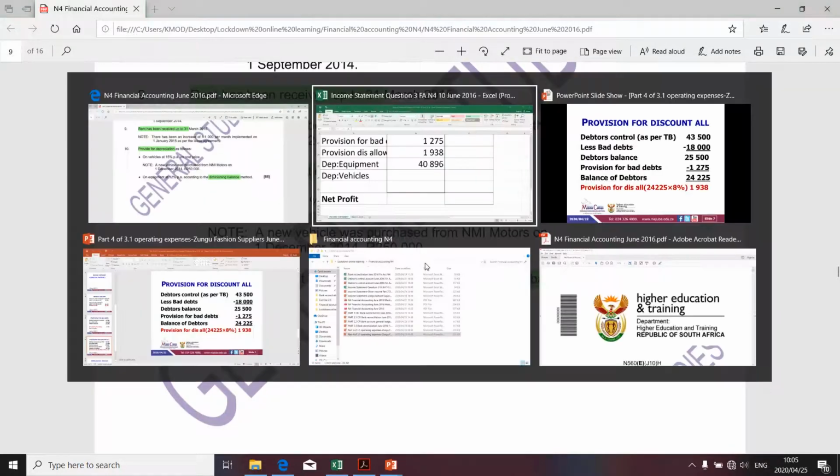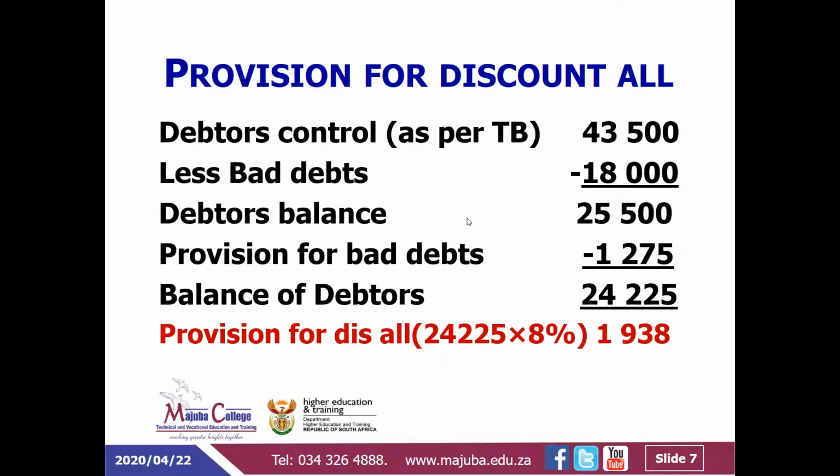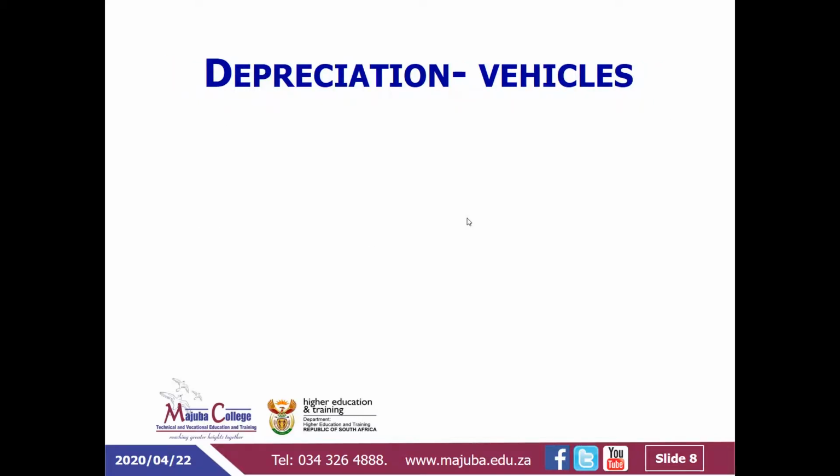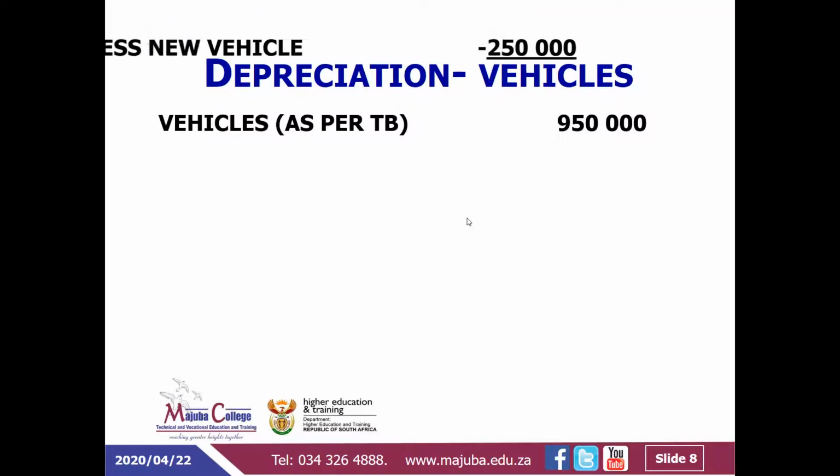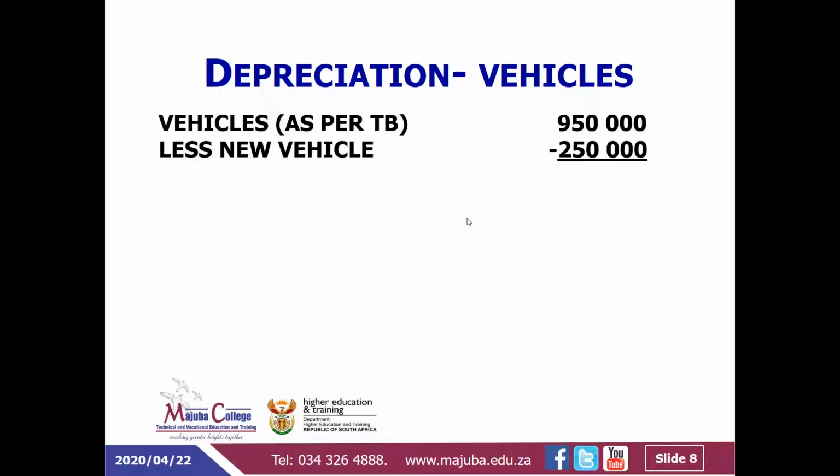Let me take you to the calculation slide, specifically relating to depreciation. There you go. That's what I spoke about. So I'm going to take the vehicles as per the trial balance. The purpose of this exercise is to split between two values where we're going to calculate depreciation. The 950 is what we have as per the trial balance, is the total of our vehicles, including new vehicles.